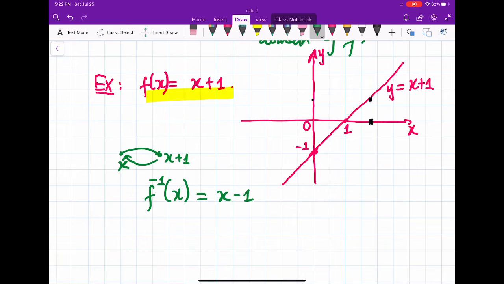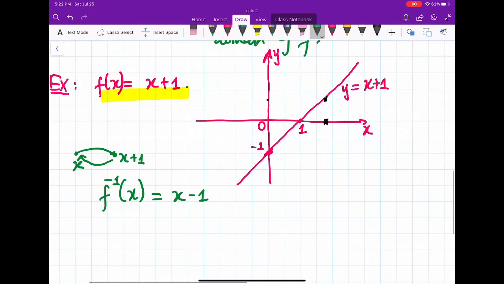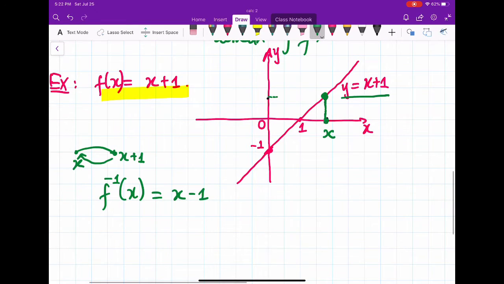If you look at the picture right here, you are in the position x in here. In order to find the y, you just make a vertical line, and that vertical line will intersect with the graph of y equal to x plus 1 at some point. And you can find the corresponding value of y right here.